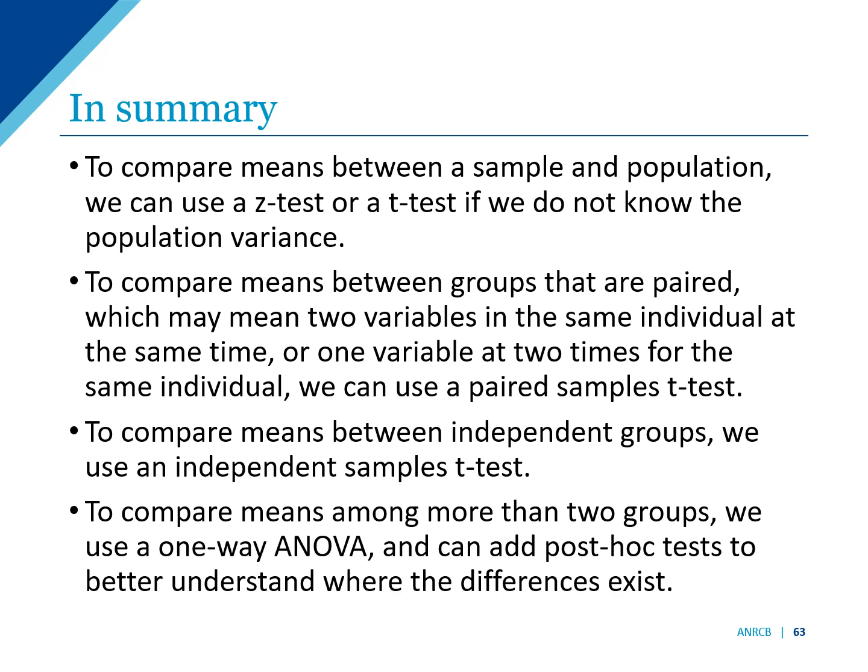To compare means between groups that are paired, which may mean 2 variables in the same individual at the same time, or 1 variable at 2 times for the same individual, we can use a paired samples t-test. To compare means between independent groups, we use an independent samples t-test. To compare means among more than 2 groups, we use a one-way ANOVA and can add post hoc tests to better understand where the differences exist.